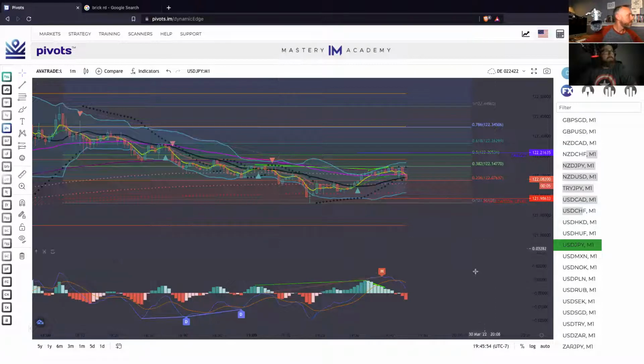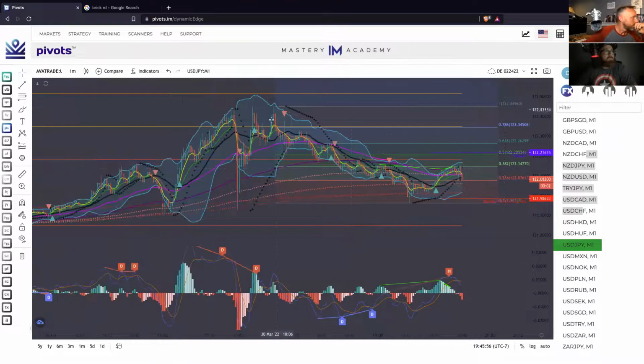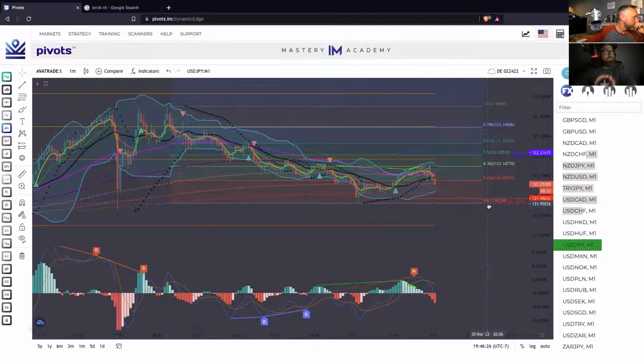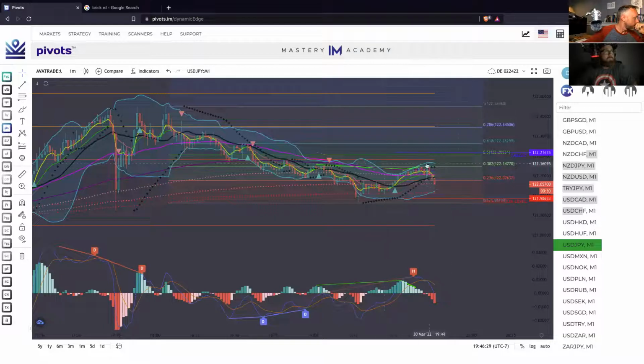So that rejection, I've drawn up a Fibonacci on this bigger move from top to bottom, and this is something you can learn too, on how to use Fibonacci numbers. You can really get into the rabbit hole on Fibonacci, and it'll absolutely blow your mind because it is incredible when it comes to learning how to trade in these different markets. I'll show you a couple of different examples, but this was good because of the 382.